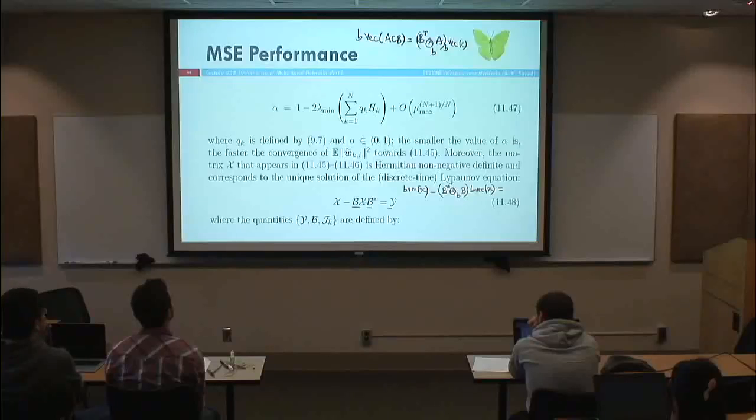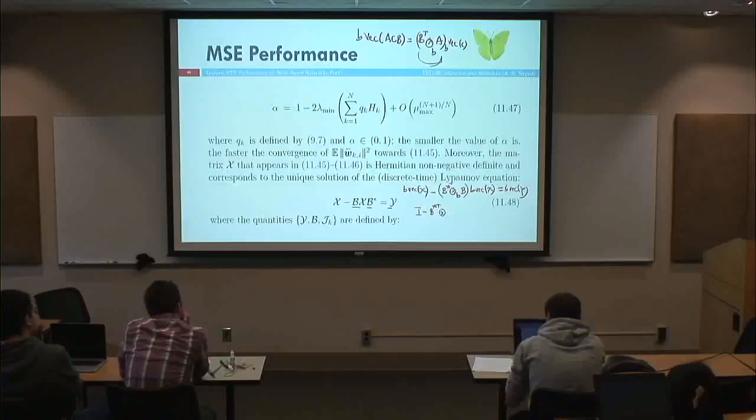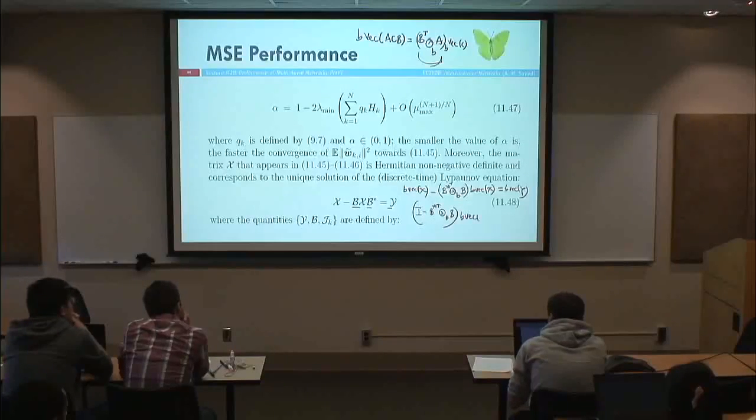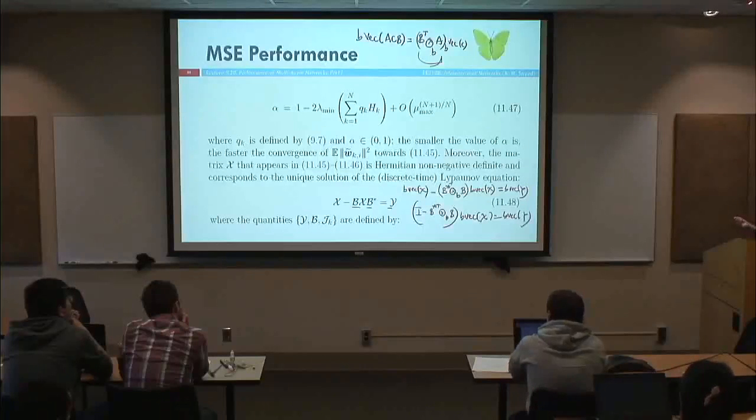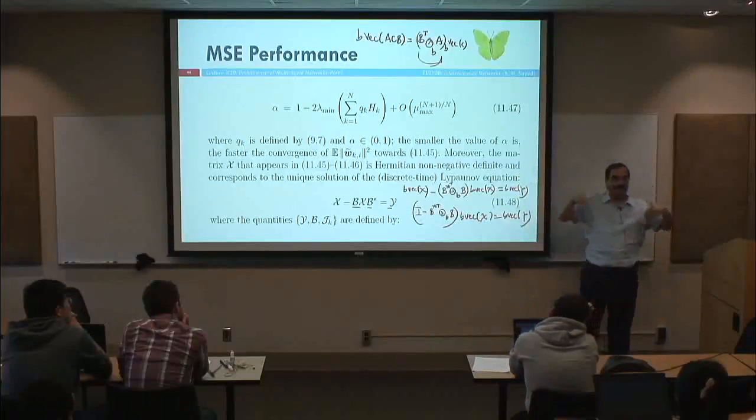Equals bvec of Y, correct? You get the idea, right? So now you can group these two things. You see, I minus B star transpose Kronecker B, bvec of X equals bvec of Y, correct? It's now just a linear system of equations. You know Y, you know this, you solve for X, and then you unvec it, right?